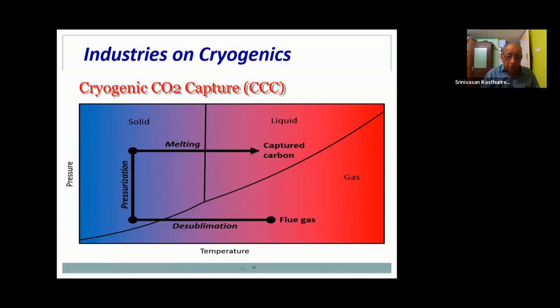When you do desublimation, you remove the heat. Then it reaches the pressurization stage. Again, you melt it and then you get the CO2. So this is the way in which cryogenic CO2 is captured.